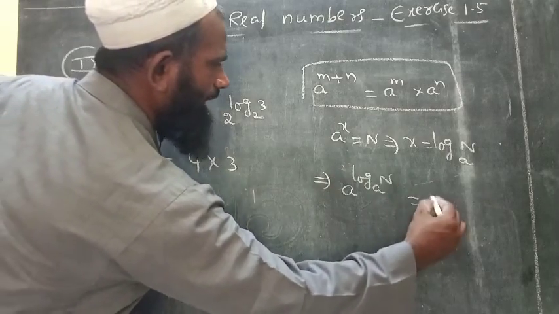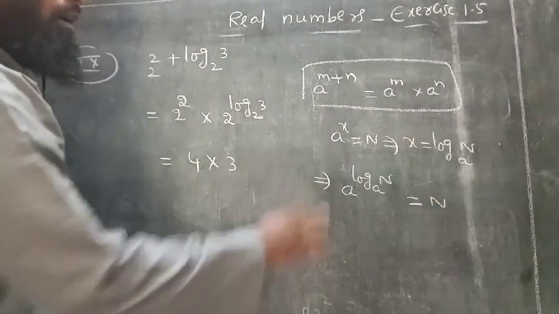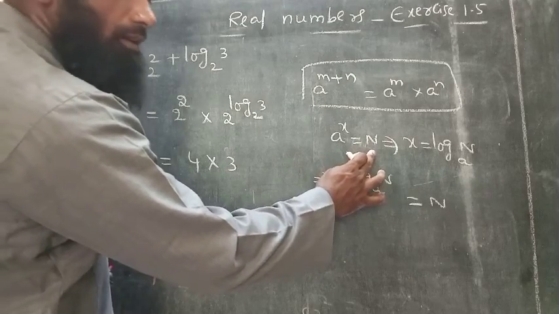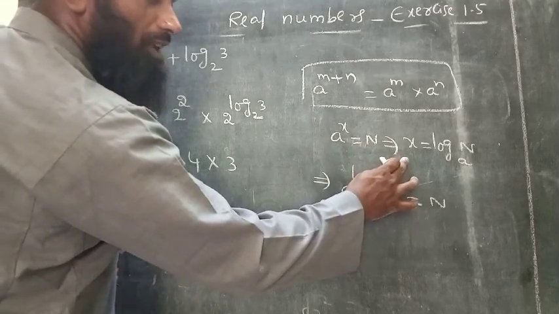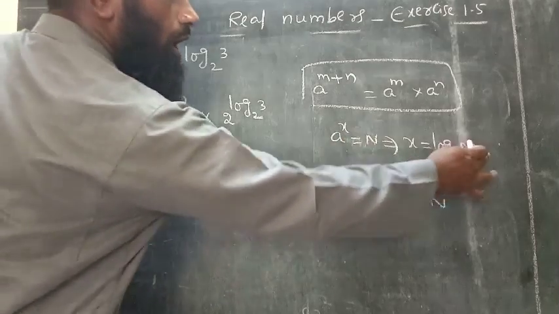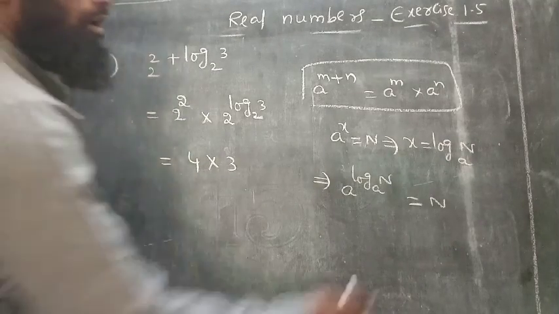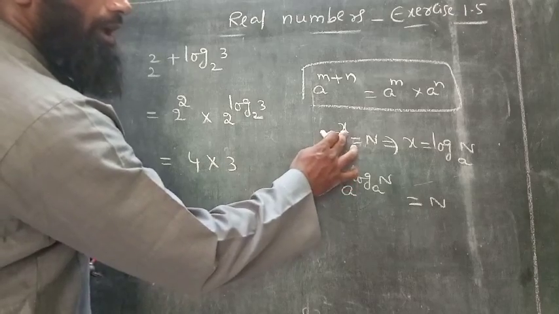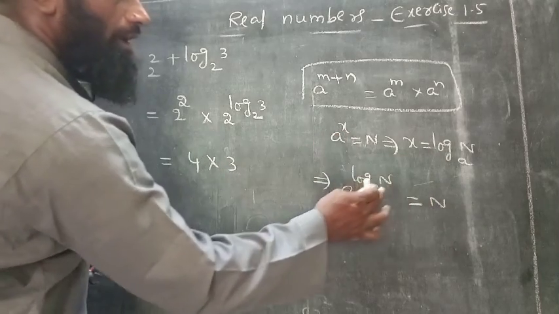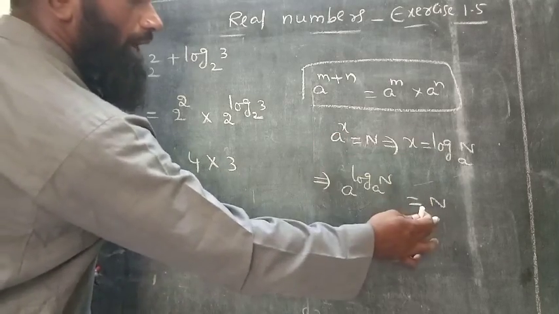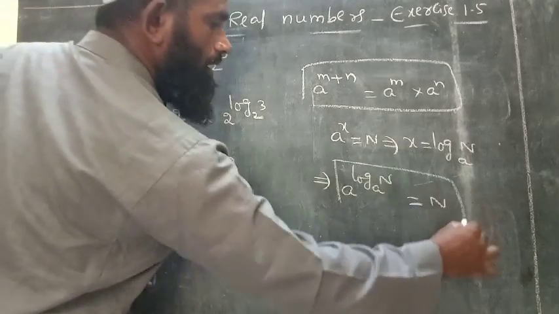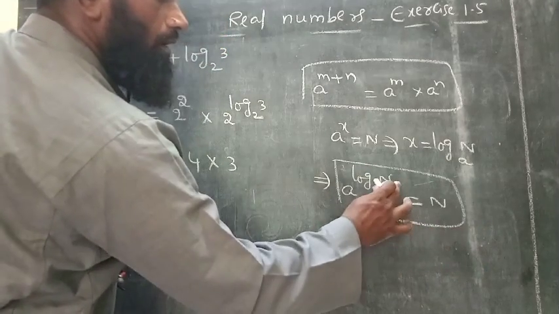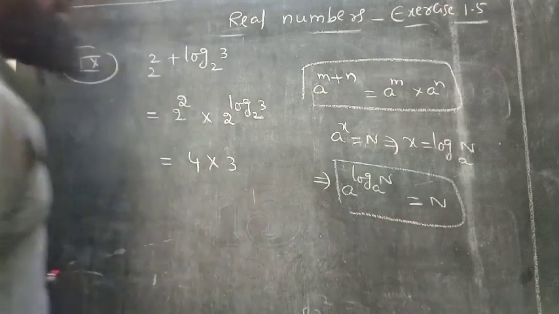So a power log n base a equals n. What is the answer? n.